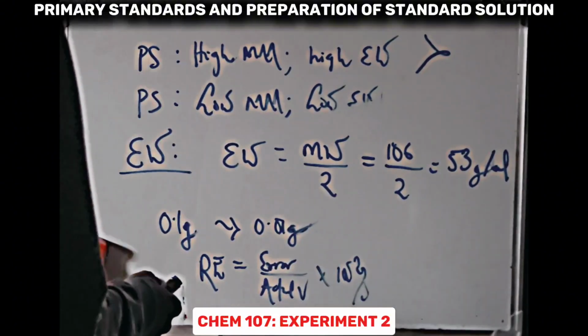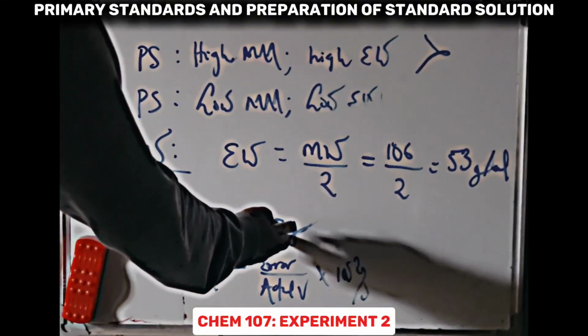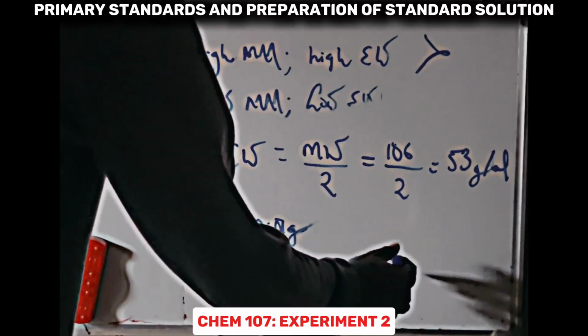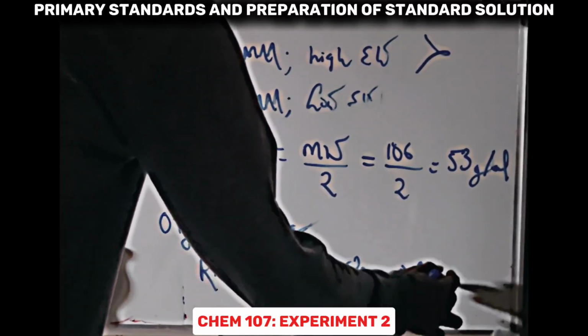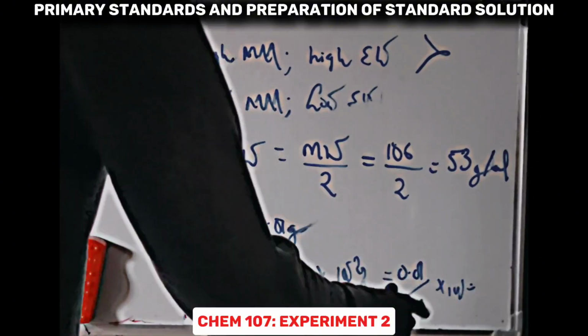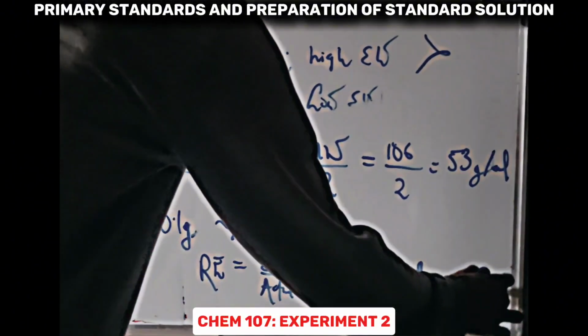The error is 0.01 divided by 0.1, times 100. If you calculate this, you'll have 10%.